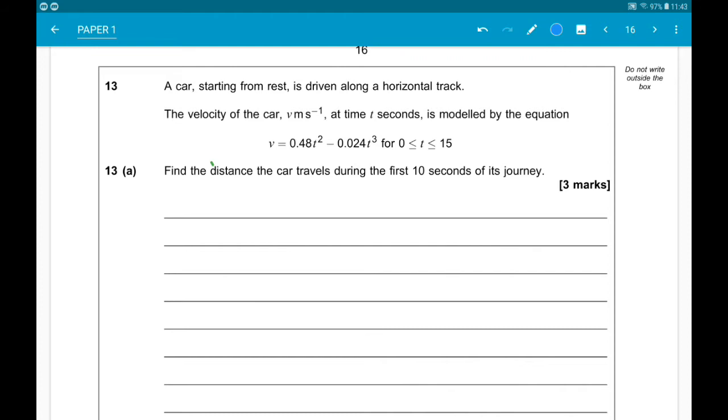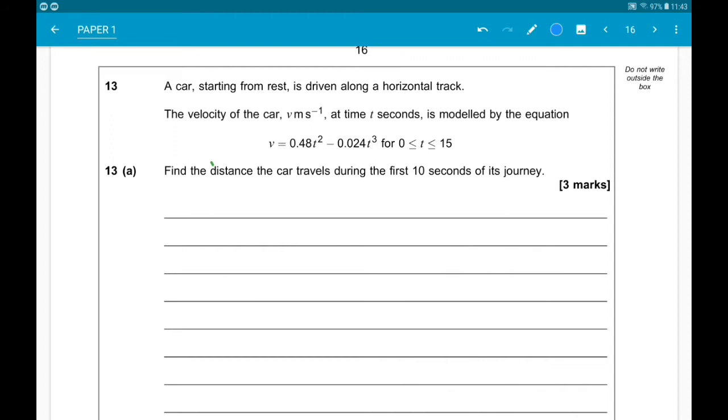Part A wants us to find the distance the car travelled during the first 10 seconds of its journey. Okay, so to be able to do that, we are going to need to find the displacement function. Now velocity is the rate of change of displacement, so it's the derivative. S then is the integral of velocity.